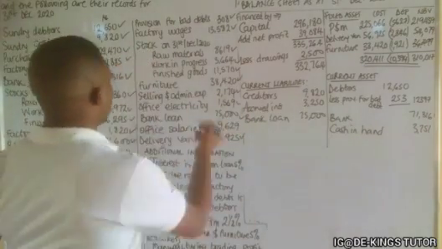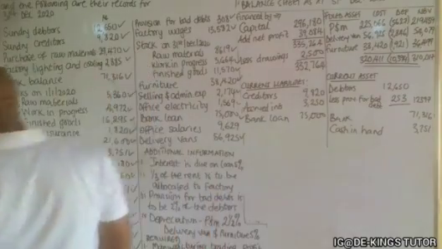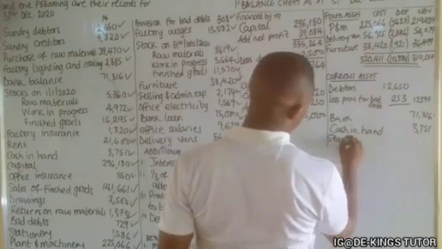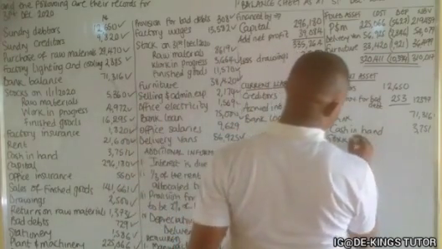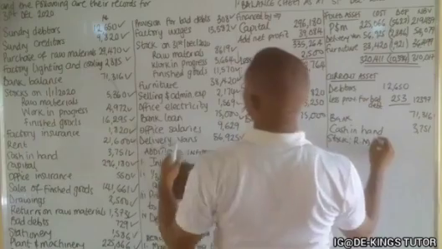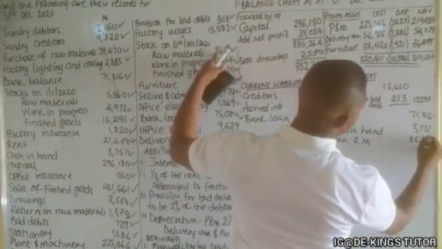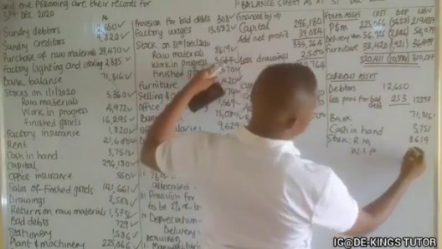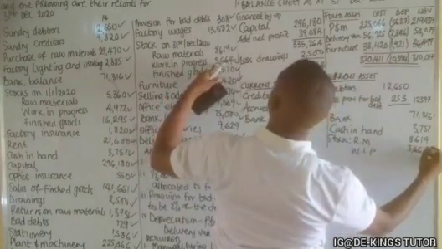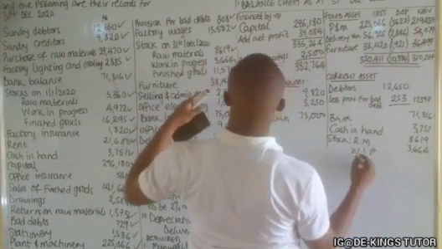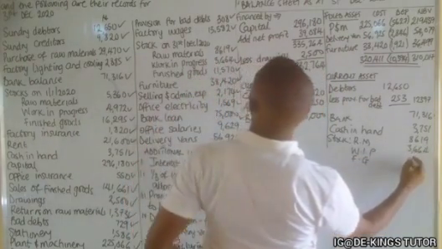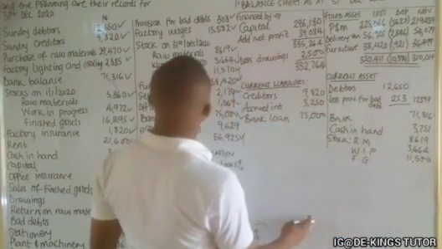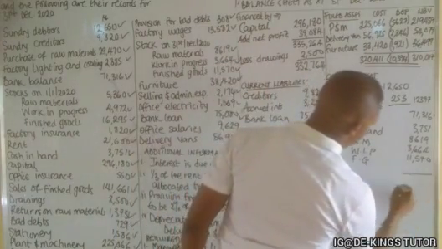So we have stock of raw material as 8,619, stock of work in progress as 3,664, and stock of finished goods as 11,570.